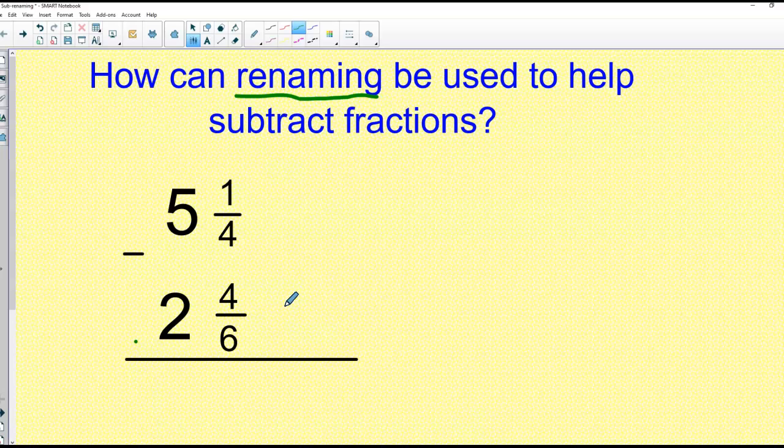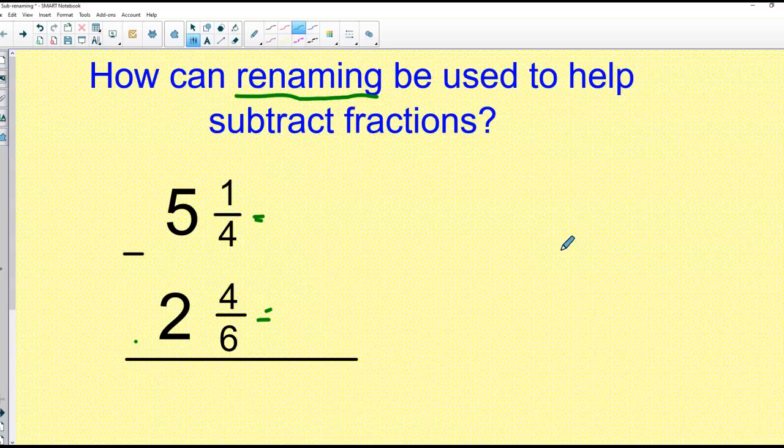Okay, so as you know, in order to subtract fractions, we need to have a common denominator. And we don't have one here, 6 and 4. So we need to find a multiple that they share in common. You could list your multiples of 4. 4 times 1 is 4, times 2 is 8, and so forth.